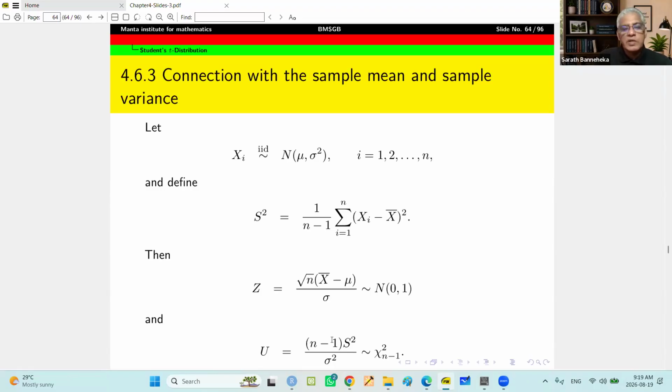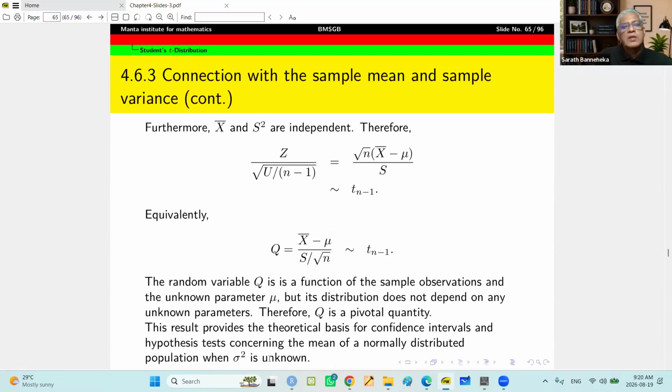That is, n minus 1 times S square over sigma square has a chi-square n minus 1 distribution. Both of these happen when the data are IID normal. When the data are IID normal, in addition to these two, we also know that x bar and S square are two independent random variables, and therefore this z and u are also independent, right?